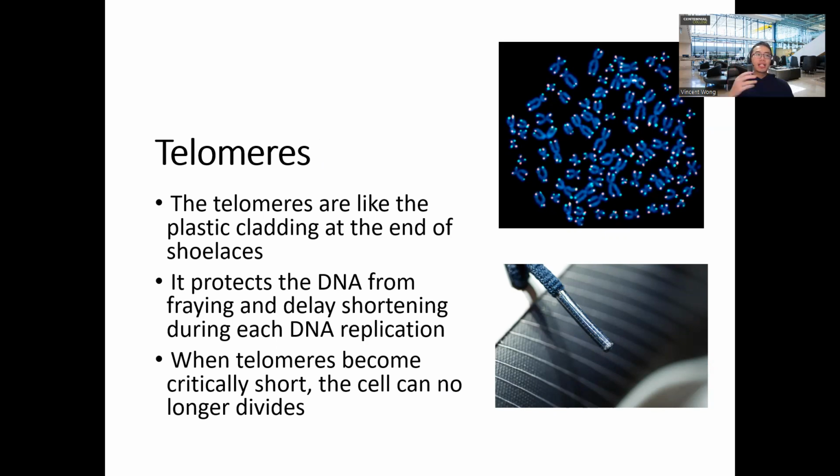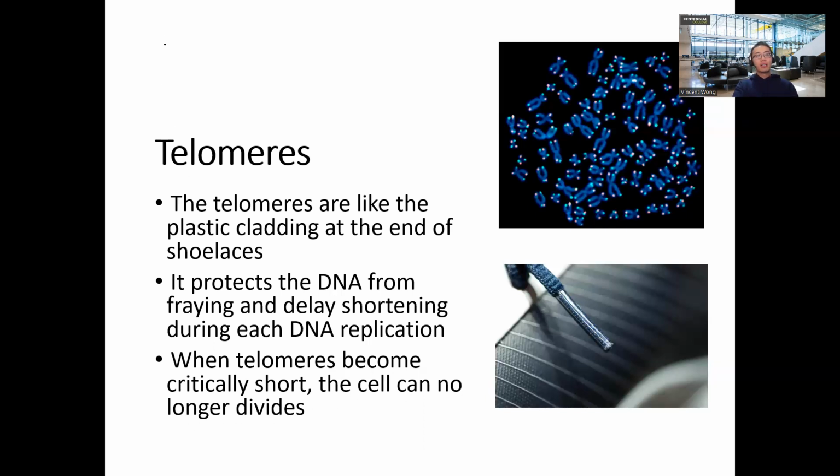So typically speaking, a cell can divide maybe 40 times or so. And afterwards, the telomeres at the end become critically short. That means by the time the cell has divided 40 times or so, there will be very, very little telomere left. If you keep on dividing beyond that point, you will eat into the important genes. So we should not allow the cell to divide any longer. When telomeres are critically short, the cells will no longer divide.